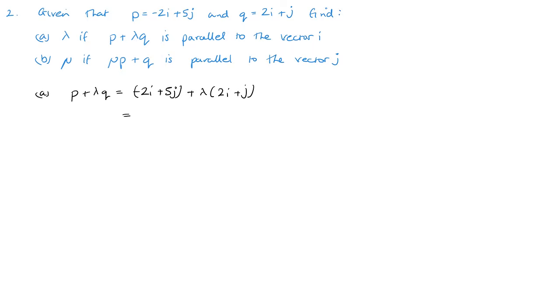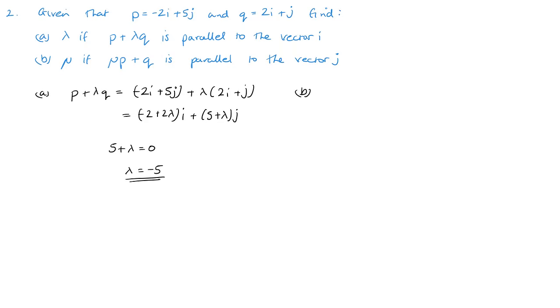Okay, so that is minus 2 plus 2 lambda i plus 5 plus lambda j. So that is my i's and my j's. So it's a plus there, sorry, don't know why I wrote a minus. Okay, so these are parallel to the vector i, which means there is no j. So 5 plus lambda equals 0. Lambda equals negative 5.